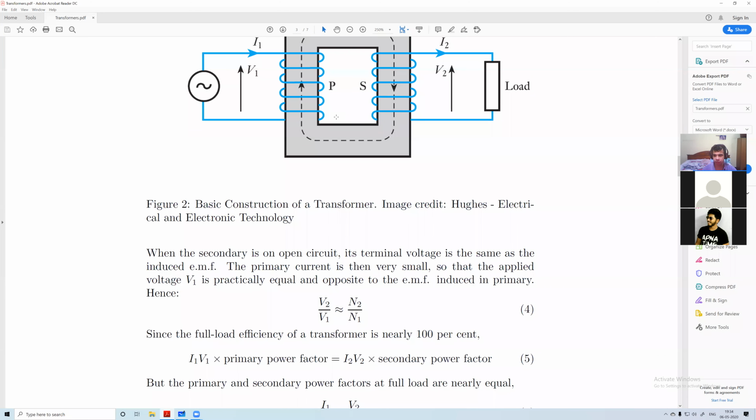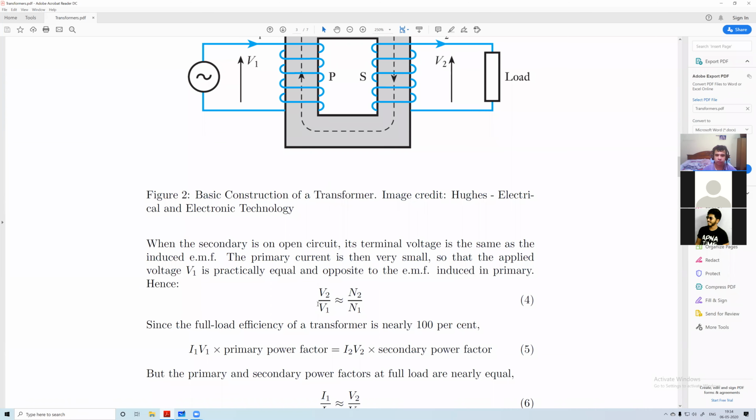Magnitude wise they are the same, but phasor wise they are opposite. Yes, a negative sign, because it opposes V1. Exactly.